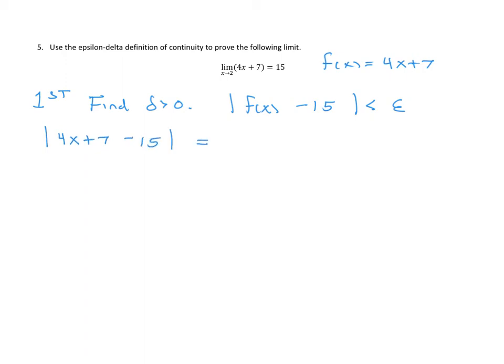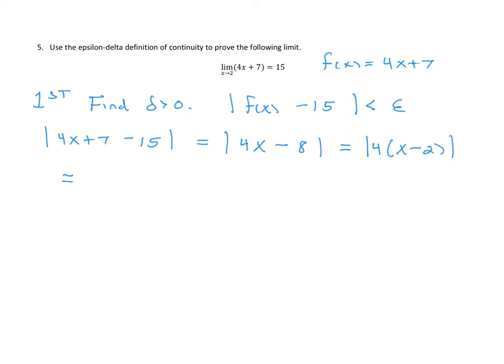And if we take 15 from 7, we get that 4x minus 8 is left over. And the observation here is, well, you can factor a 4 out from both of those terms. So that's really 4 times x minus 2.